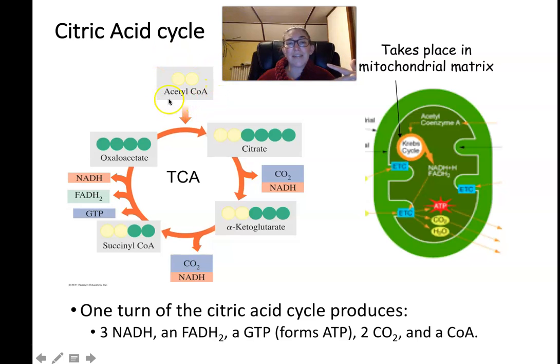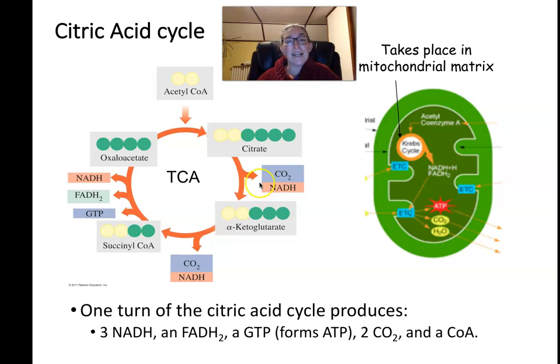So you should know that acetyl-CoA is the starting material for the citric acid cycle, and that the important products of the citric acid cycle are carbon dioxide, right? When we talk about carbon dioxide being a waste product of metabolism, it is a waste product of the TCA cycle. So carbon dioxide builds up and we have to exhale it.